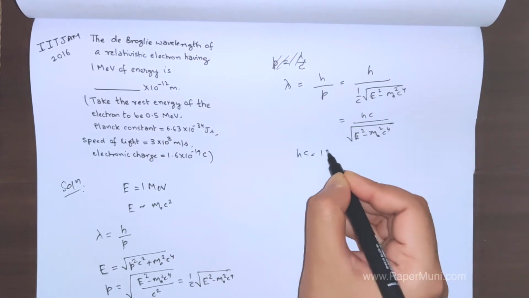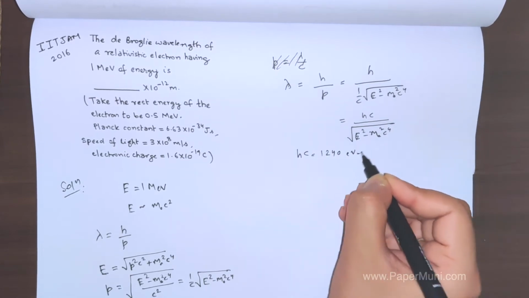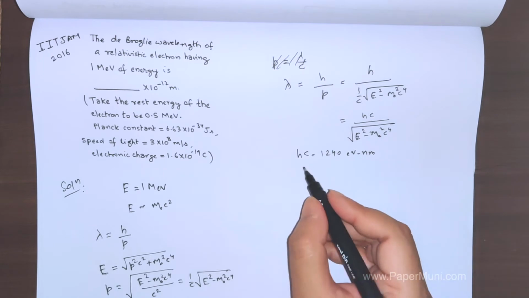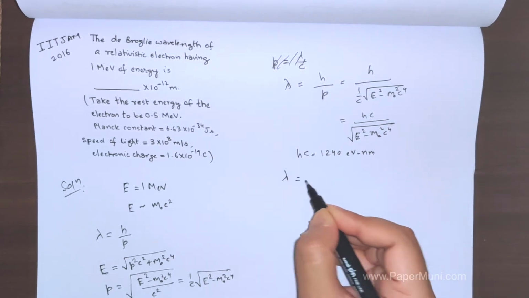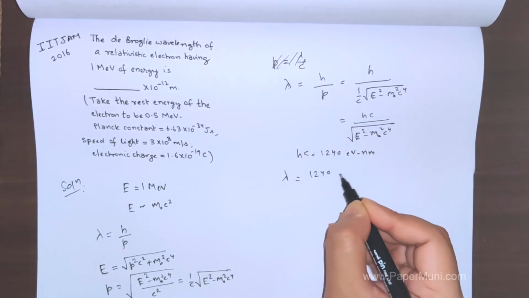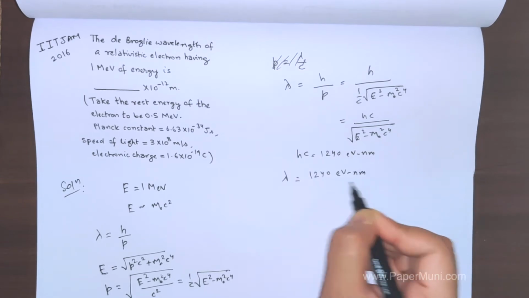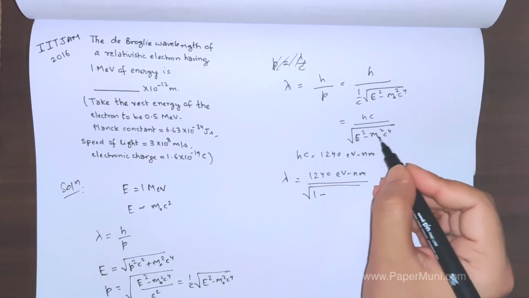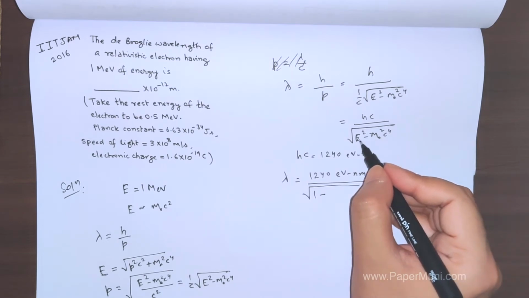hc, we already know this value, and it is very easy to remember: 1240 eV nanometer. If you plug in here, this is 1240 eV nanometer divided by the root of the square of 1 MeV minus 0.5 MeV squared.